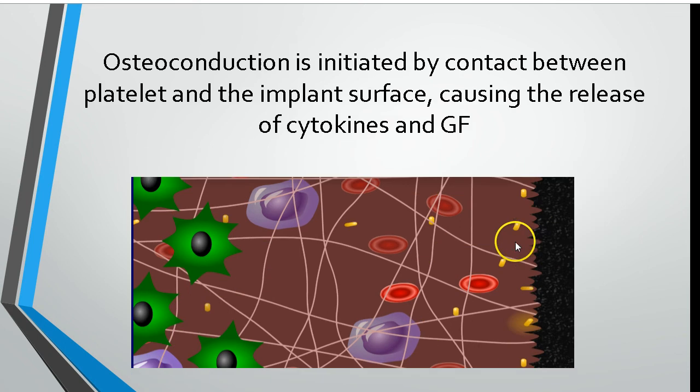The first thing that happens is these platelets all line up, and when they line up, they create a 3D fibrin network. You see these lines right here. Imagine a highway. These are all highways and streets. That's the first thing that happens. It creates a nice network of fibrin which attaches to the implant.